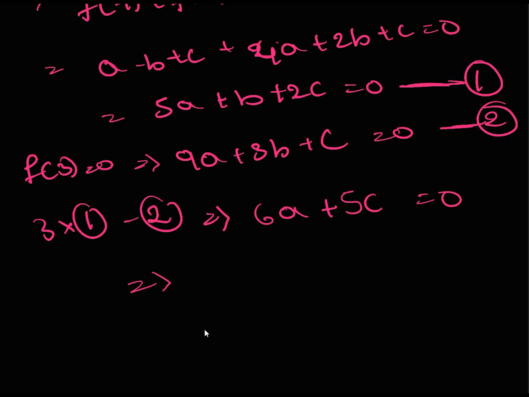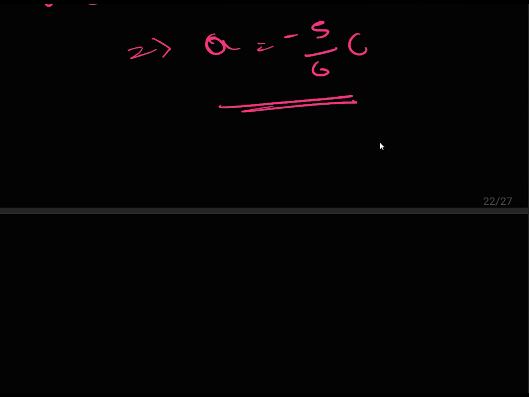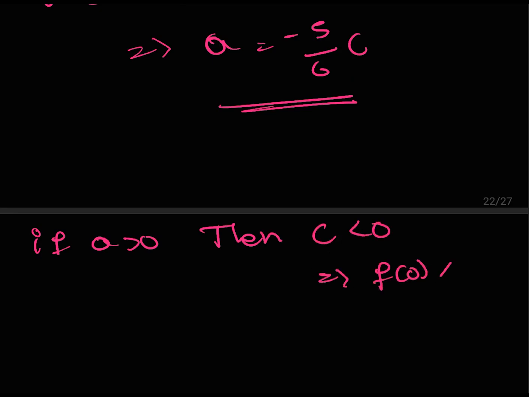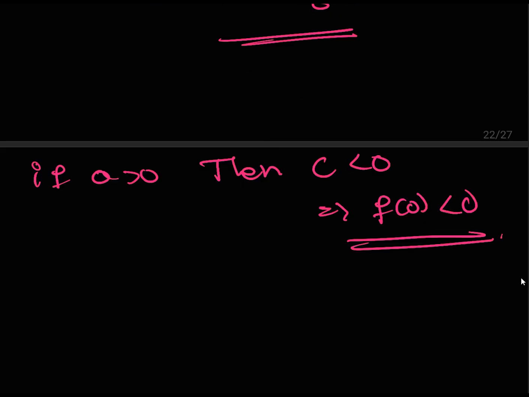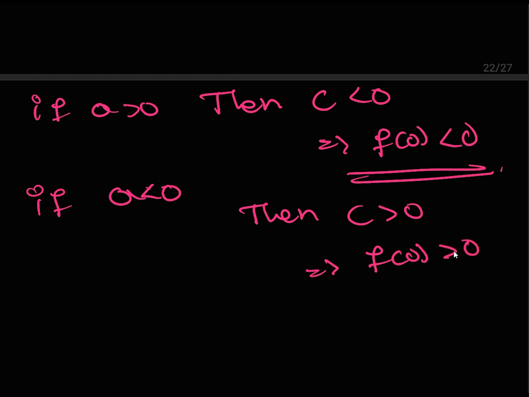That means a equals minus 5 by 6 c. From this we got that if a is greater than 0, then c must be less than 0. That means f of 0 must be less than 0. And if a is less than 0, then c must be greater than 0. That means f of 0 must be greater than 0.